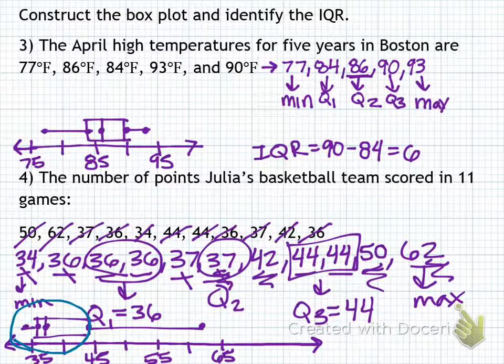So 75% are between 34 and 44. The other 25% take up this whole thing. So there's kind of a wider range on the last bit, right? They just had a couple really high scoring games. So you can see where most of the numbers lie by where the box is positioned.